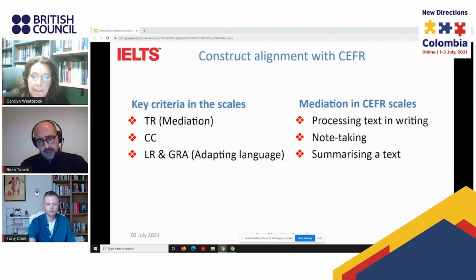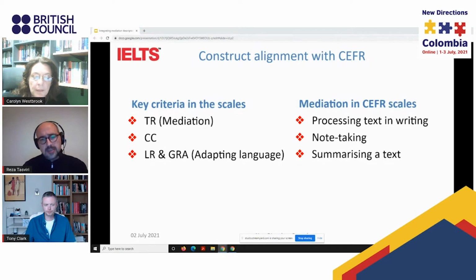Now, the scales that we developed, as I said, were based on the existing IELTS band descriptors or scales. There are 4 different criteria. The criterion of task response is where mediation band descriptors were introduced into the existing scales and further adjustments made.